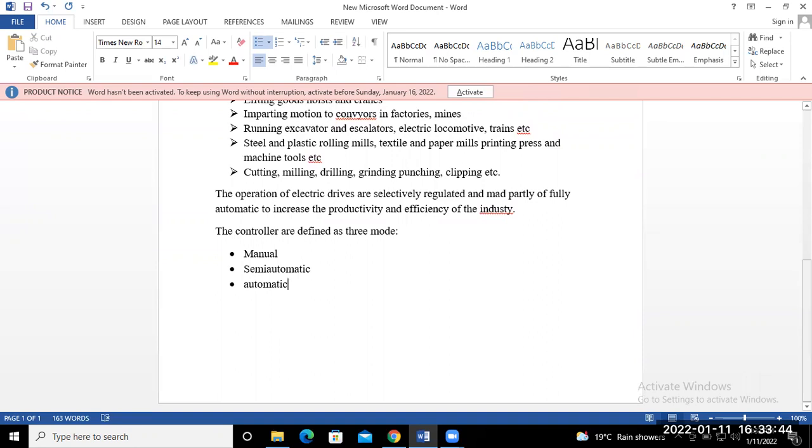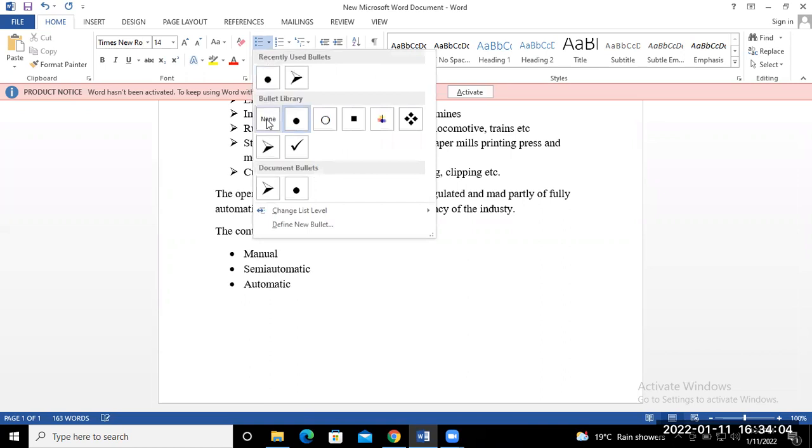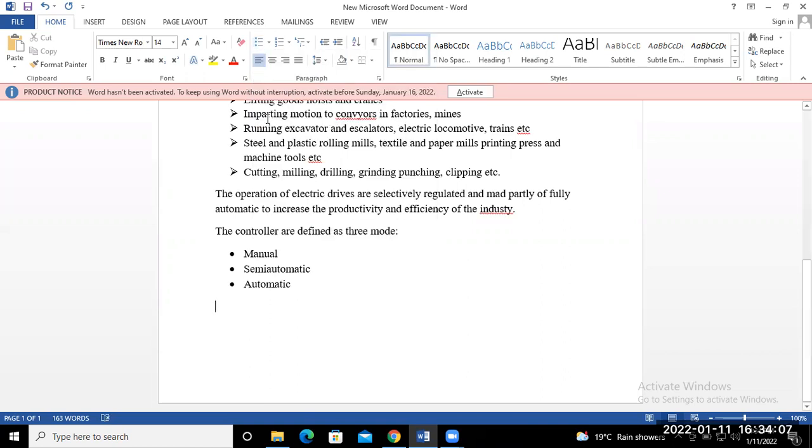So the mode of operation and economic considerations dictate the type of control. The load and its characteristic are the basic parameters for determining the motor rating. Just a key point you have to note down.